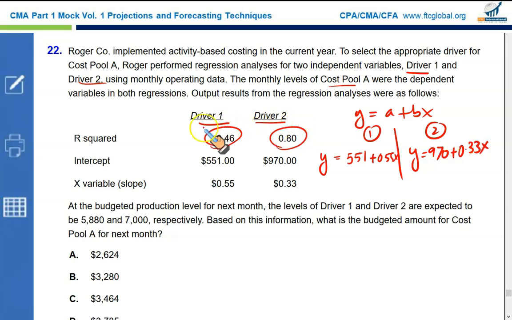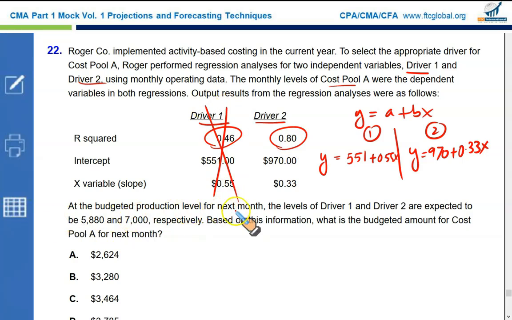X being the driver 1 and driver 2 in these cases. If you remember, we discussed previously that the coefficient of determination R squared is what we use to determine which independent variable is appropriate. So in this case, driver 2 is preferable because it has a higher R squared. We are going to reject driver 1.